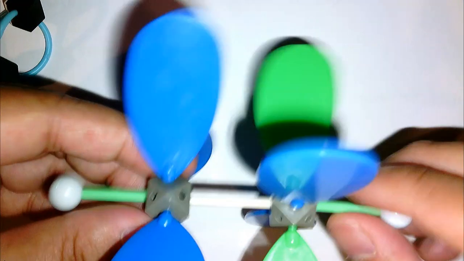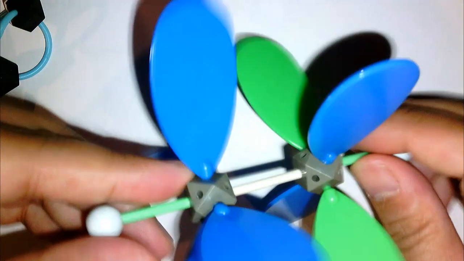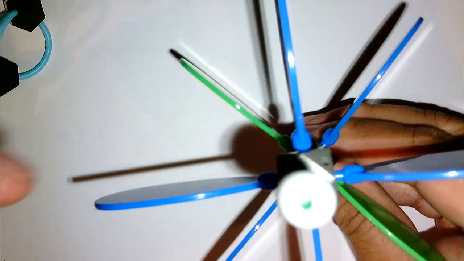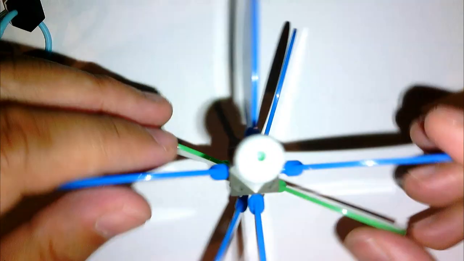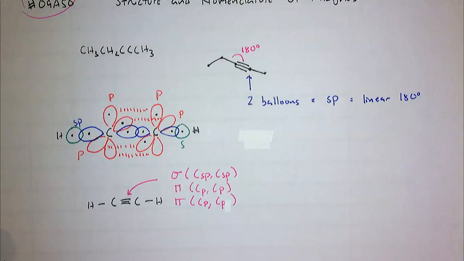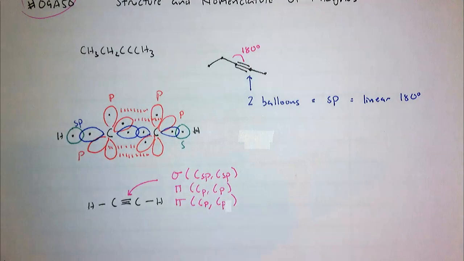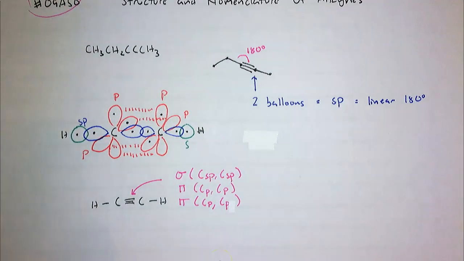They're not lined up. You've got to get these p orbitals to align like this. Not the best example in terms of the view. I should have zoomed out a little bit. Anyway, those are your models. They mimic the triple bond.